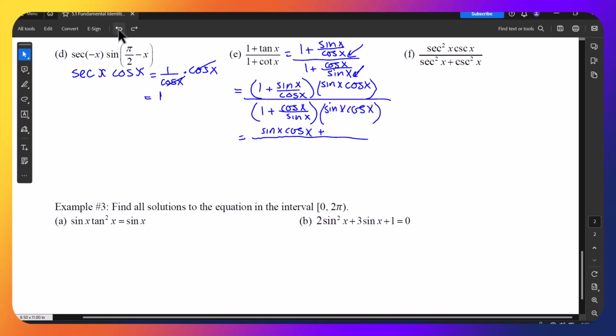In the denominator, something similar will happen. So you're going to have sine x cosine x plus, again, if you multiply these two, the sine is going to cancel, and you're going to have cosine squared of x.